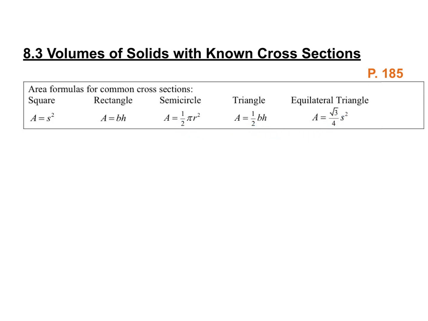The equilateral triangle is one that's useful to keep in your head. This would be one to memorize. The area is the square root of 3 over 4 times the side squared, okay? Because the base and the height end up being basically the same, but we have this square root of 3 over 2 multiplier, right?